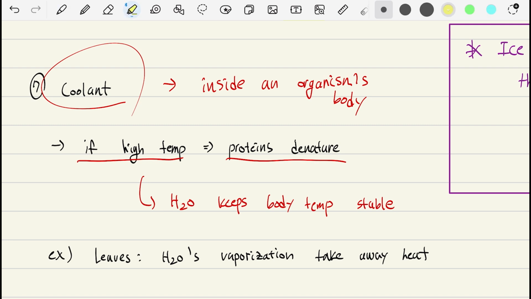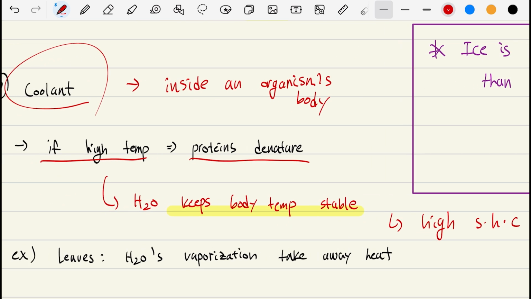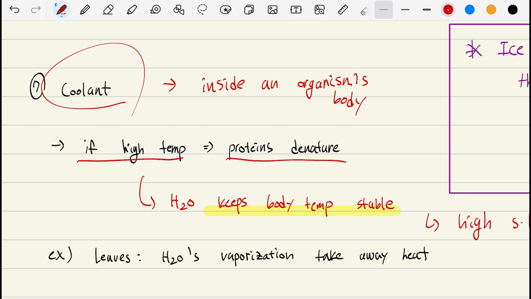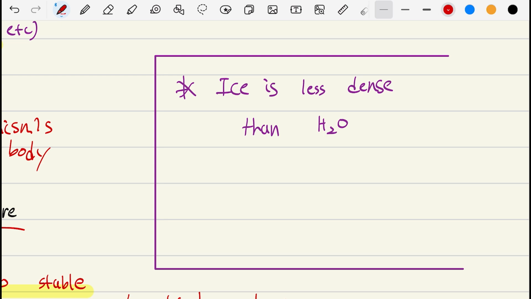H2O helps the body temperature stay stable, and this is because of its high specific heat capacity. Because if specific heat capacity is high, it requires more energy to change state, which means it's stable. For example, in leaves, the vaporization of H2O takes away the heat, which prevents the leaf from drying up or dying because of too much heat.